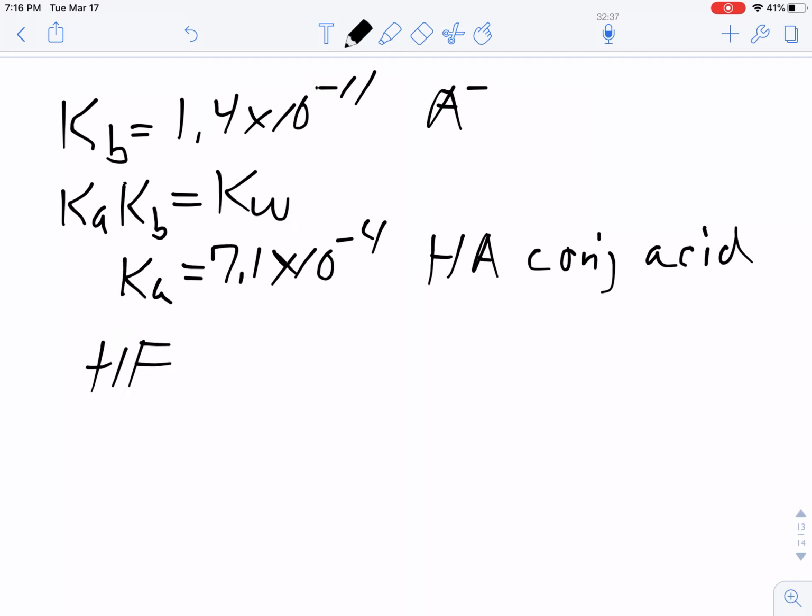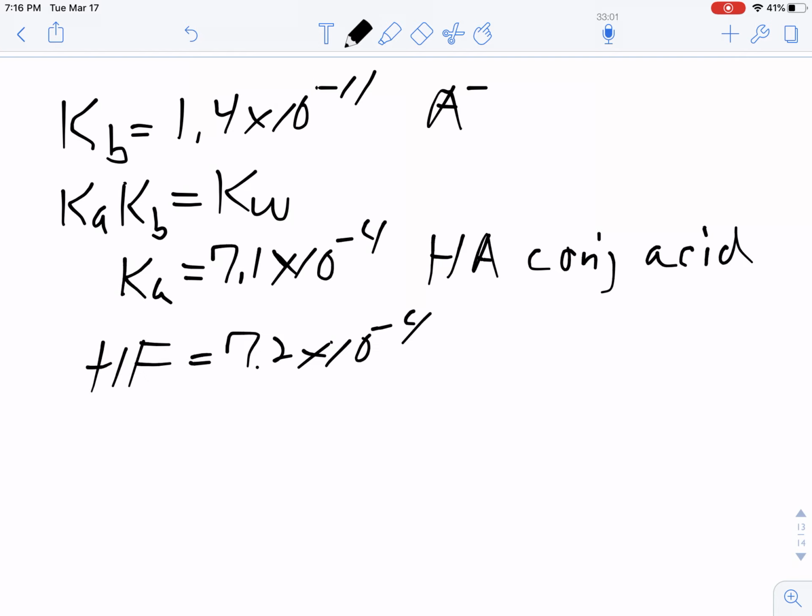Hydrogen fluoride has a Ka of, let me just check it here real quick, 7.2 times 10 to the negative fourth. So it's very close.